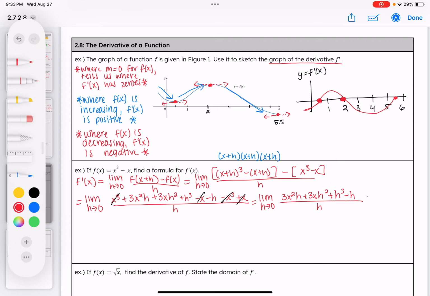I can factor out an h, or you can do this in one step. You see that you have an h in every single term for your rational expression here. So I can eliminate a single h from each term. And what you have left over is the limit as h approaches 0 of 3x squared plus 3xh.